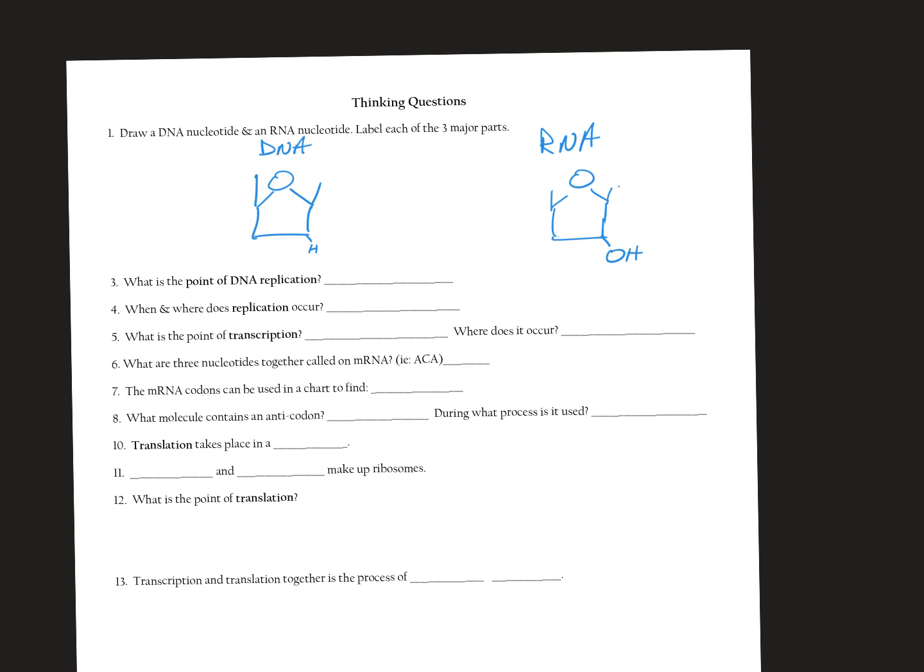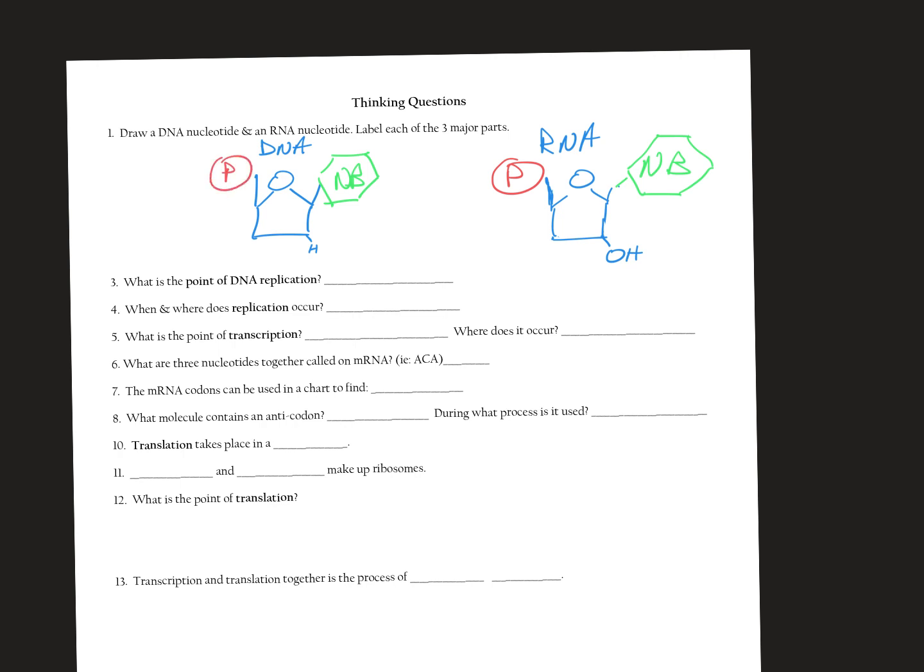This carbon up here is connected to a what? A phosphate, correct? And then over here, this is connected to some kind of nitrogenous base, either single ring or double ring structure. I'm never going to ask you to draw all the details of the nitrogenous base, but it's also connected to a phosphate.